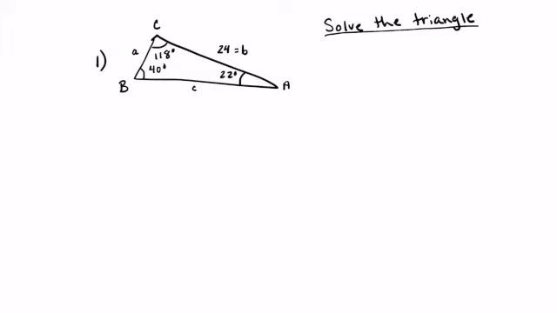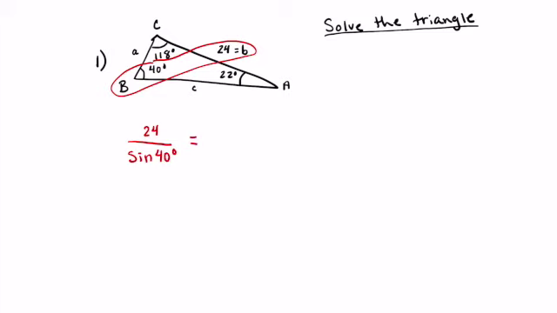That's pretty easy. Next, I want to use my law of sines to figure out the sides a and c. I want to pick the ratio that I fully have, meaning I have side b over the sine of that angle.